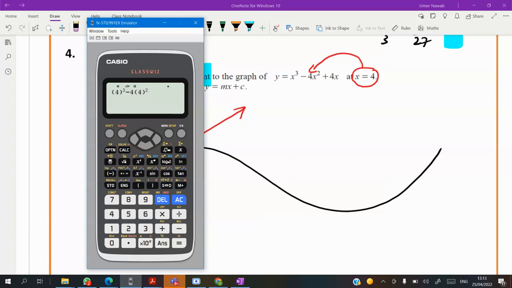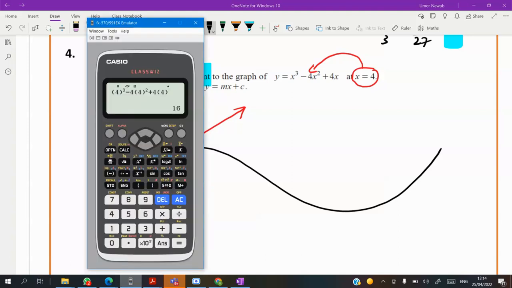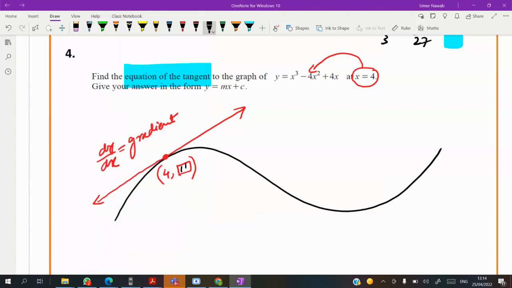So I know the x coordinate, I want to know the y coordinate as well. Got it? So I'm going to substitute. I got y coordinate 16. So when you substitute it here, it gives you y equals 16.